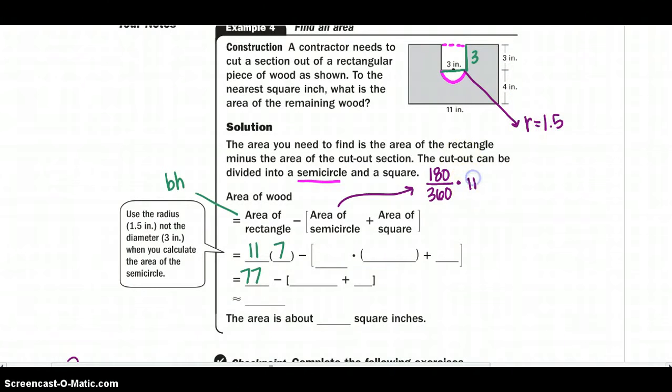So I'm going to plug that into my equation: pi times 1.5 squared, and I would get approximately 3.53429. And then I'm going to find the area of my square. I know my area of my square is 3 squared, or side squared, so that would be 9. So I'm going to finish that equation, and this is going to be approximately 64.47 square inches, what will be left when I have cut out my piece.